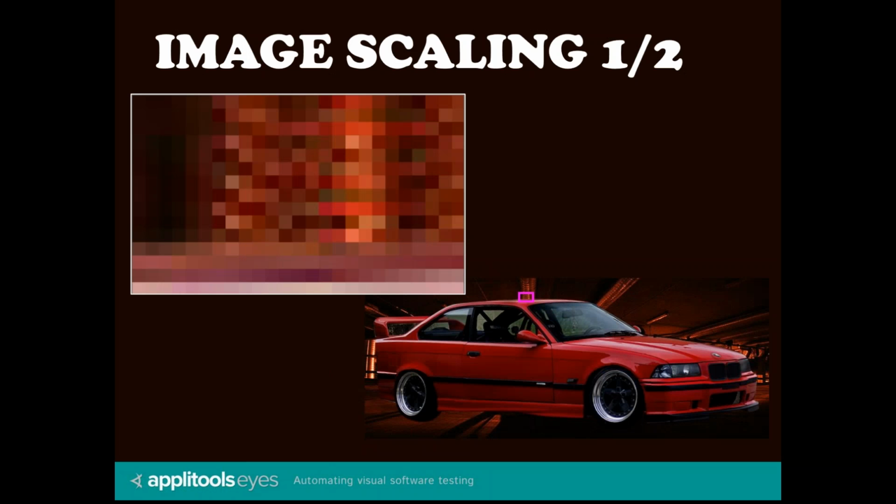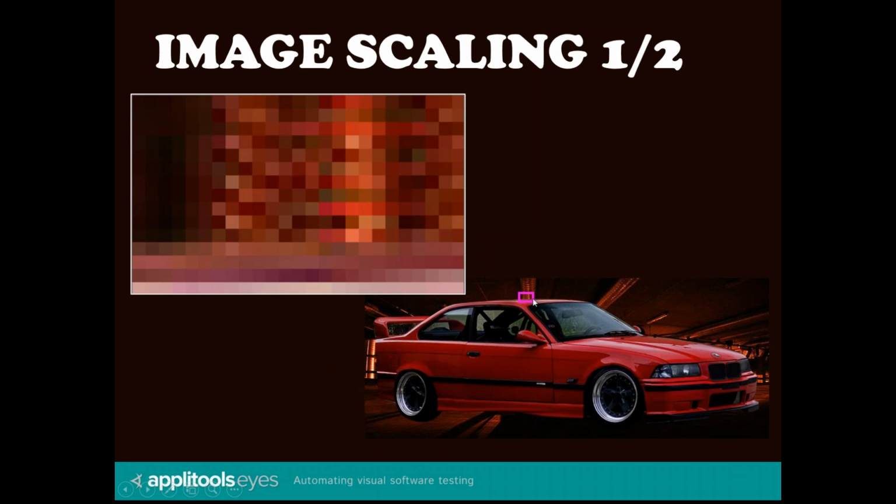And the last example has to do with image scaling. Whenever you have an image on your web page or mobile app, and the source for that image element is not exactly of the same size, then the graphics card has to scale the image to fit the boundaries that you've specified.